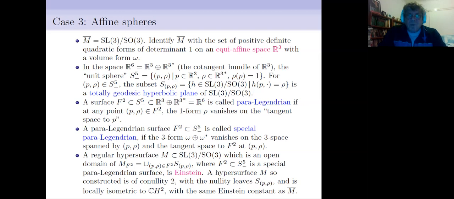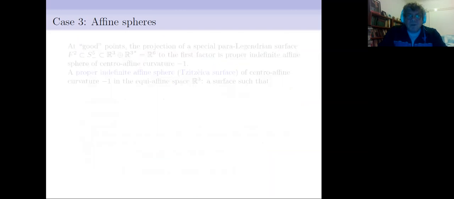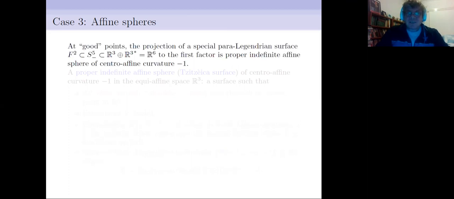Right. Now, one good thing about all this is that from para-Lagrangian geometry, you can very easily get to something very familiar, to differential geometry in R3. The idea here is that you again have your 2-dimensional surface, which lies in R3 times R3 star.